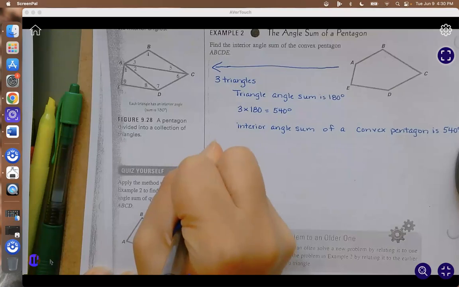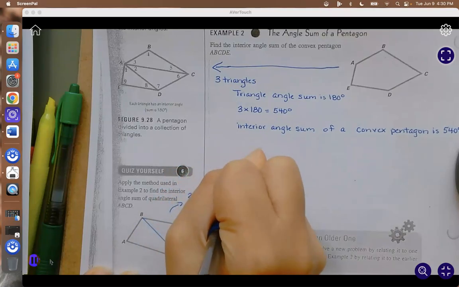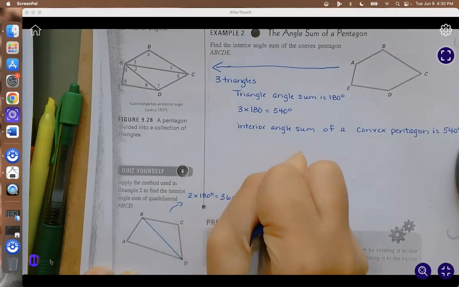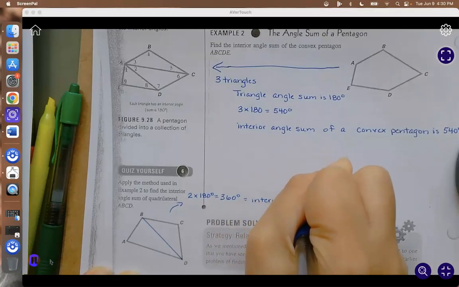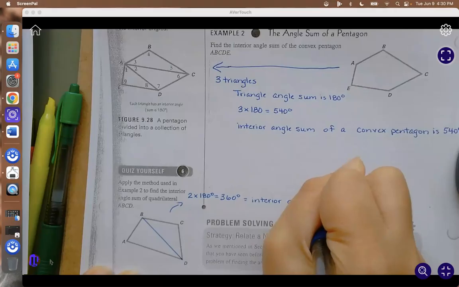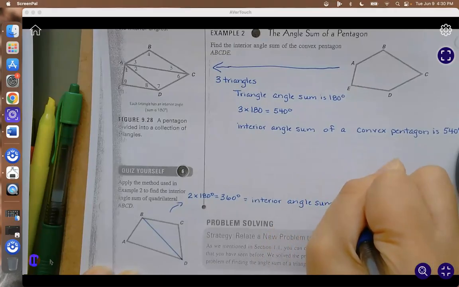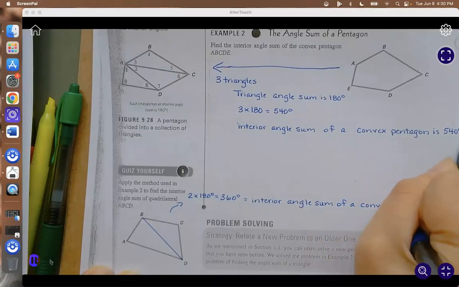So 2 times 180 is 360 degrees. So that's the interior angle sum of a convex quadrilateral.